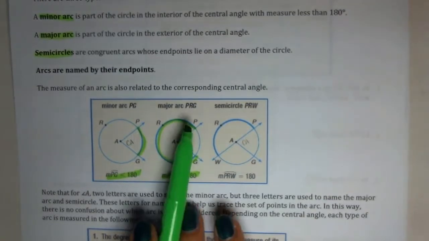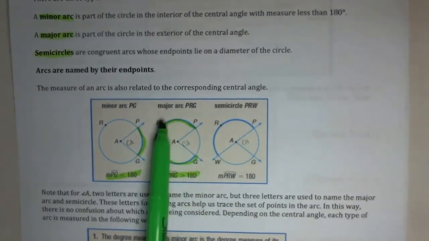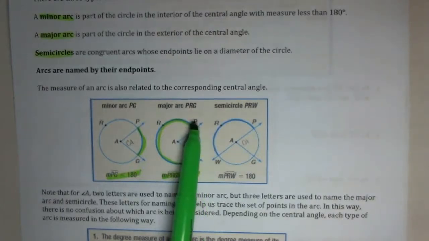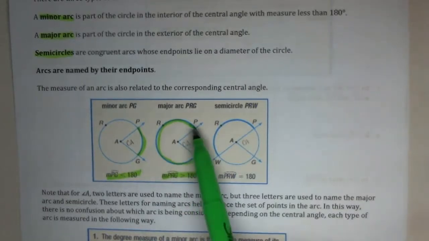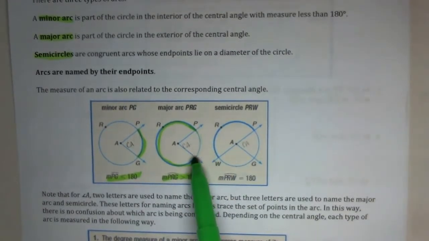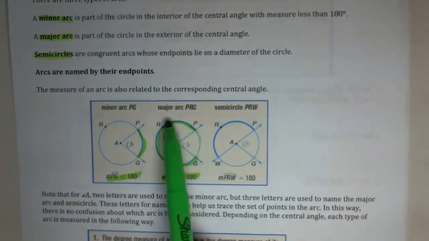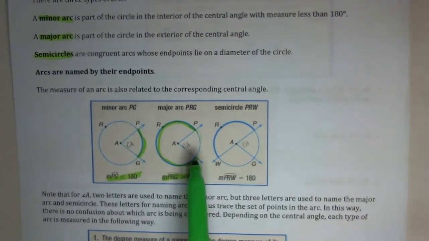See how this one is labeled PRG? It tells us that we have to go all the way around the circle. Because if I just said major arc PG, it could be this one too, or this one if the R wasn't there. But since it says PRG, we know it's this whole arc right here.